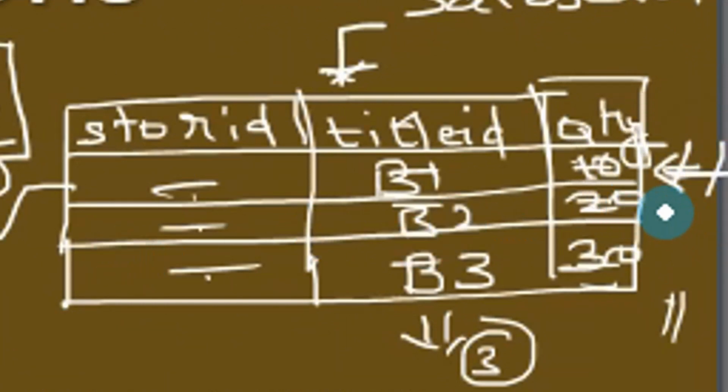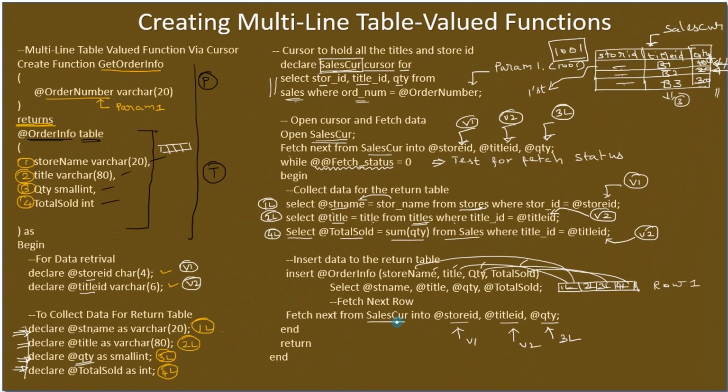Now fetch next will move the cursor pointer to the next row, second row. Fetch next from sales cursor into, so now all this value will flow into our local variables. This time the values are taken from the second row. So it goes to V1, this one will go to V2, and this one will go to our resultant 3L. So the data is available directly in our sales cursor itself, right?